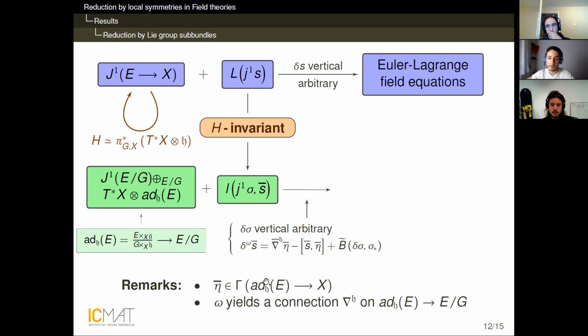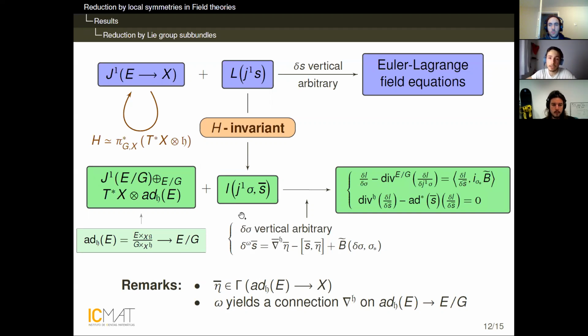Last, when we apply these variations to our reduced Lagrangian, we obtain the reduced equations for local symmetries by these particular subgroups. This is the main result I wanted to show you today. And we see that we obtain a couple of equations. The first ones are like the usual Euler-Lagrange equations for the reduced Lagrangian, lowercase l, but with an additional term related to the curvature.